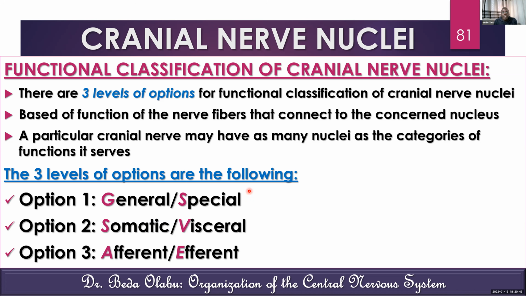And so based on these 3 options, we can have multiple combinations: general, somatic, afferent; general, visceral, afferent; general, visceral, efferent; special, somatic, afferent; special, visceral, afferent; and special, visceral, efferent. Those are the options there.